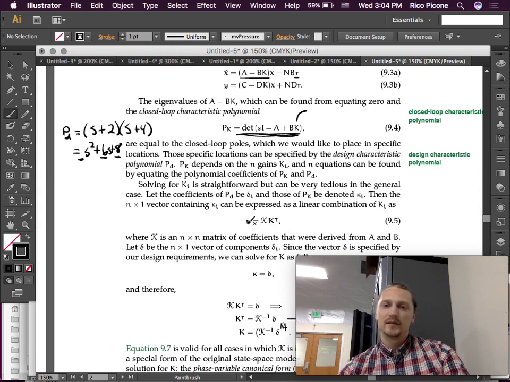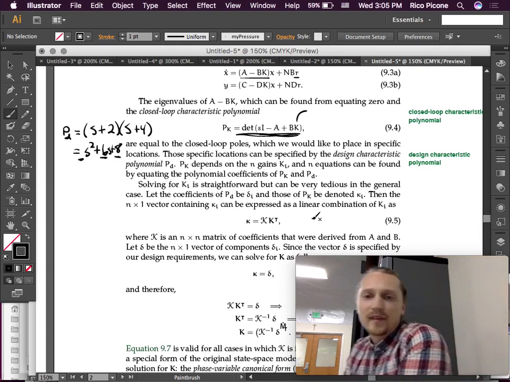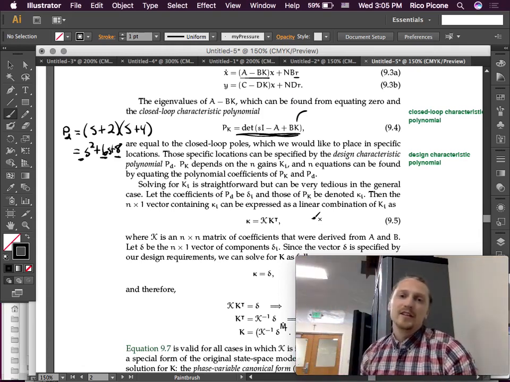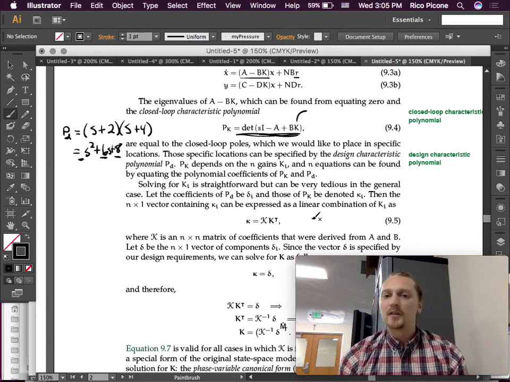So kappa is a vector that contains a linear combination of these gains, where script K is an n by n matrix of coefficients that were derived from A and B.